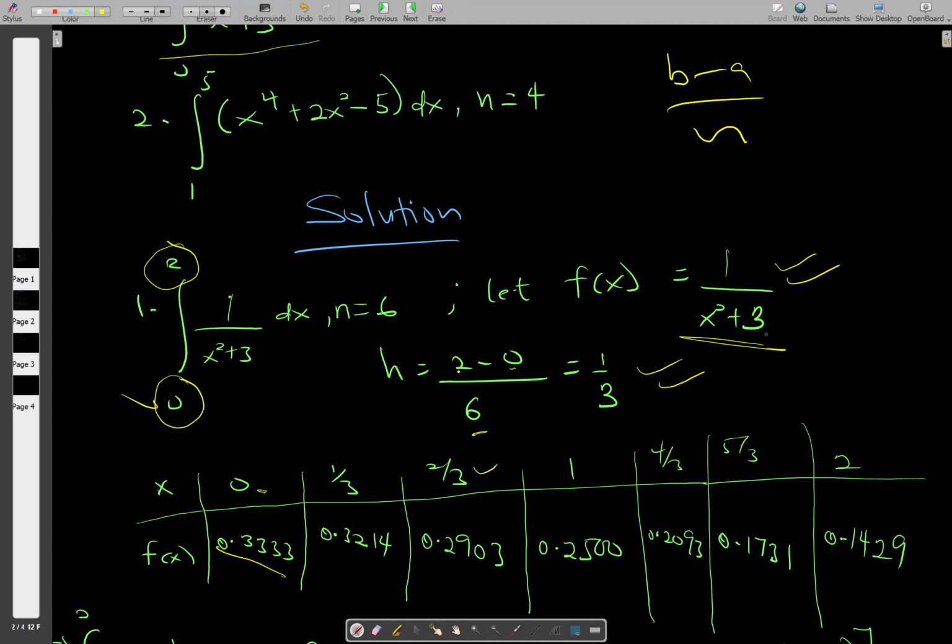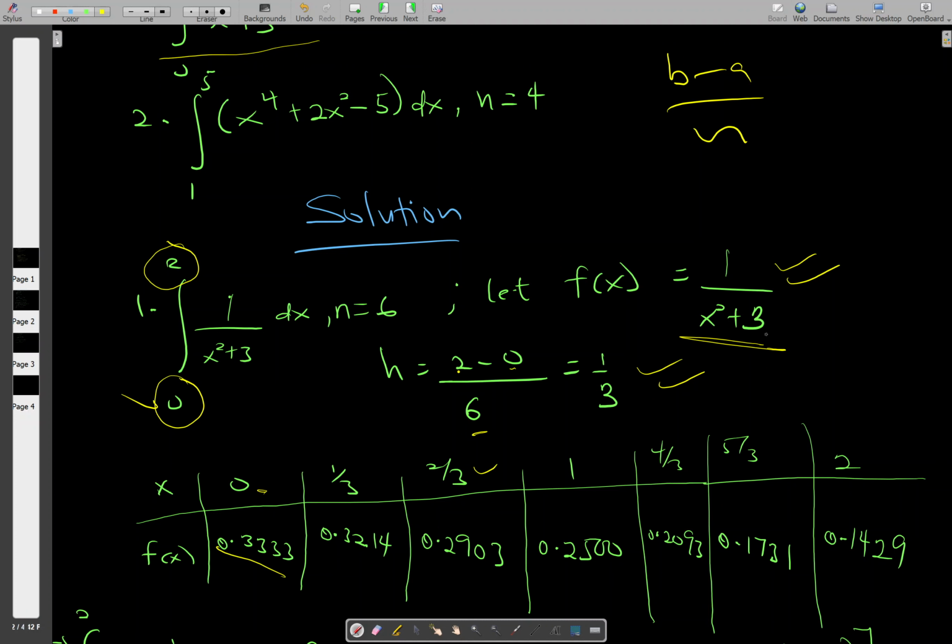Now let's substitute our values there. This is the first term, we had 0.3333. Then 2 times the middle terms, so 2 times f of 1/3 plus 2 times f of 2/3, then f of 1, f of 4/3, then f of 5/3.